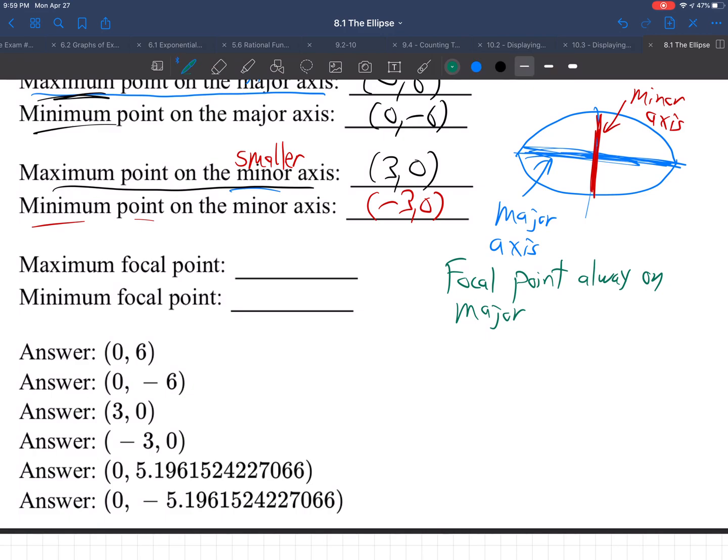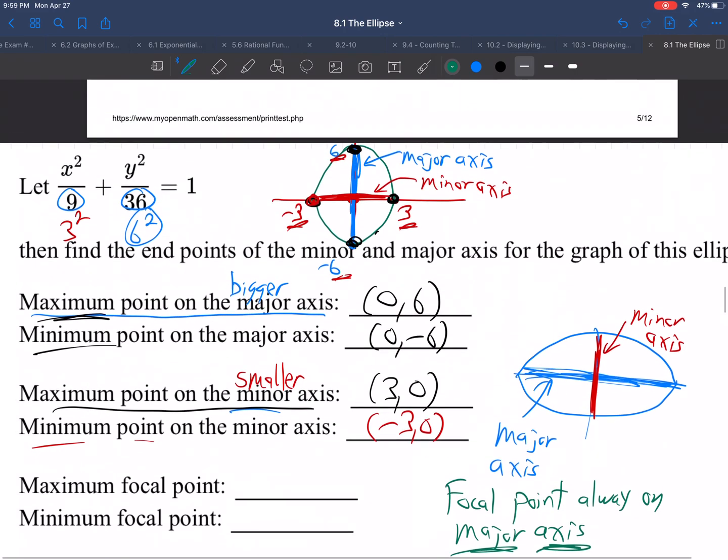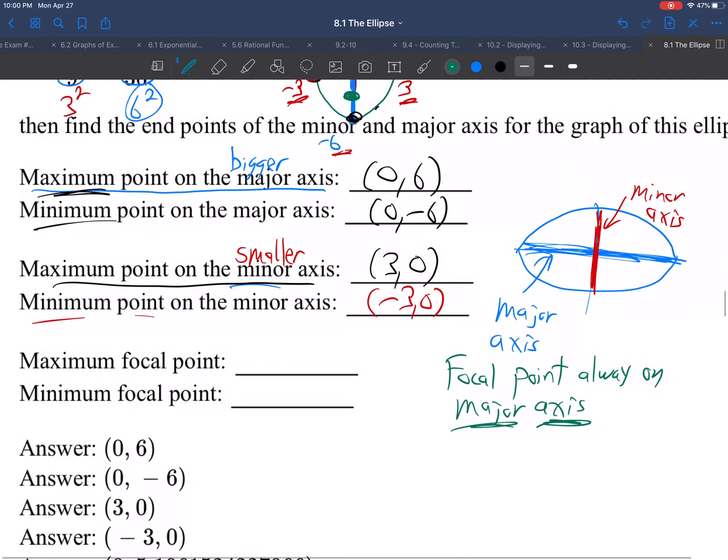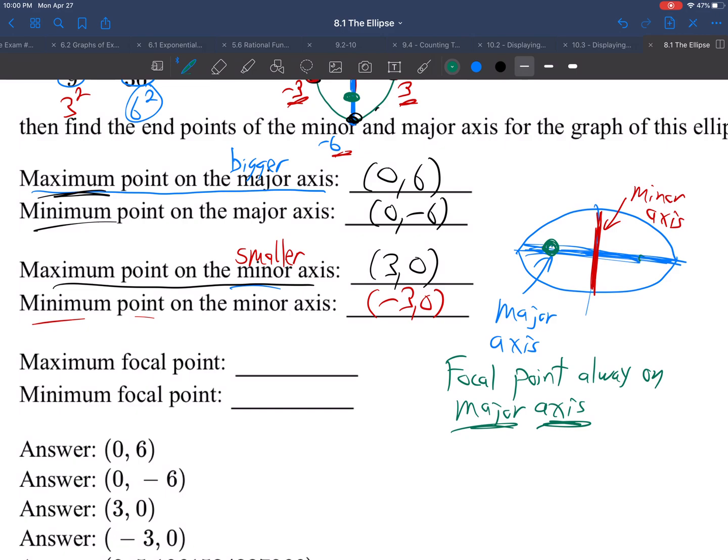So in our case, the major axis is the up-down. In other words, the direction's bigger, the major. So that means we're going to have a focal point about right here, and we're going to have a focus point about right there.